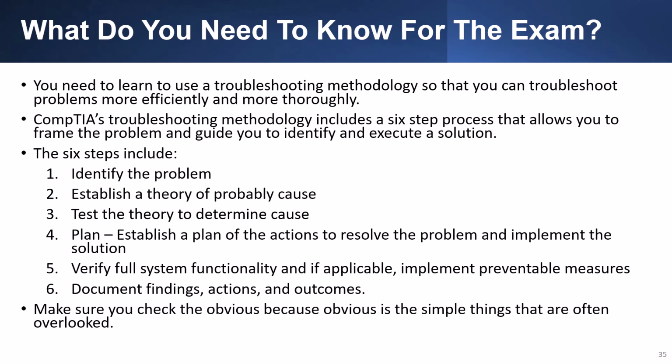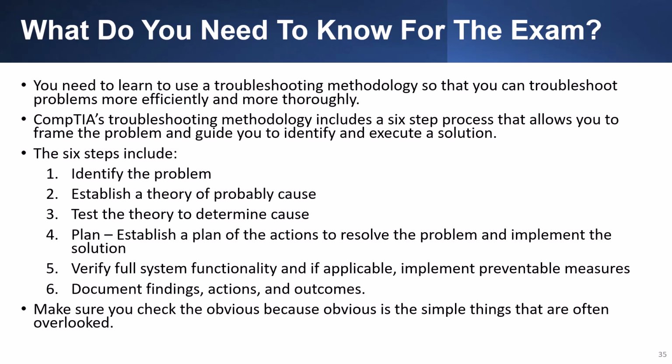In summary, you need to learn to use troubleshooting methodology so that you can troubleshoot problems more efficiently and more thoroughly. CompTIA's troubleshooting methodology includes a 6-step process that allows you to frame the problem and guide you to identify and execute a solution.